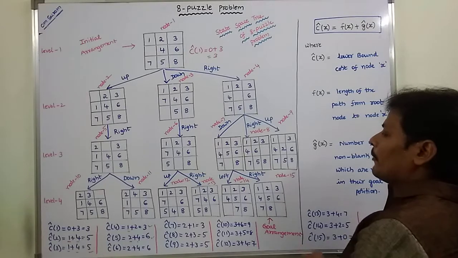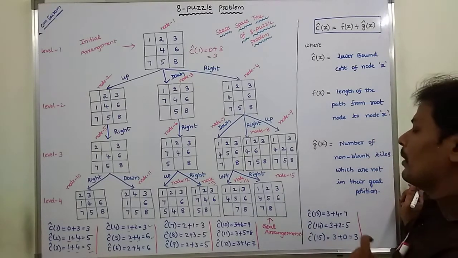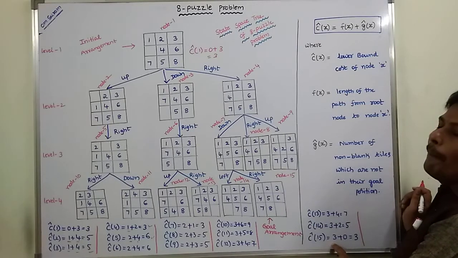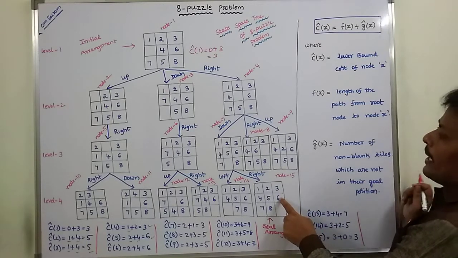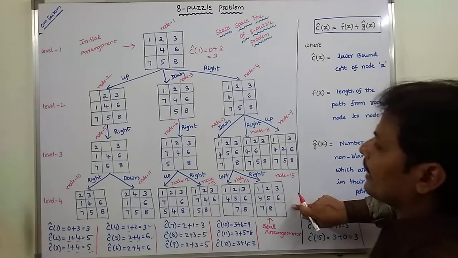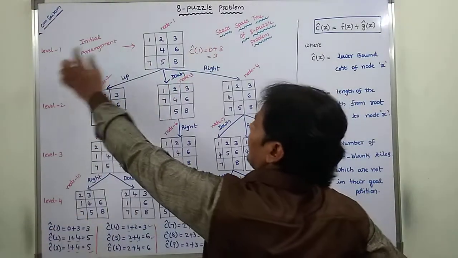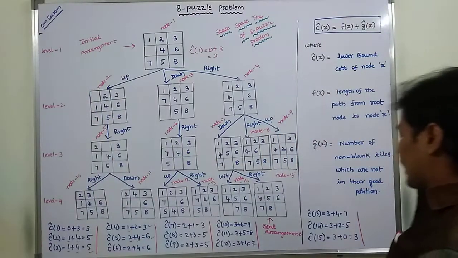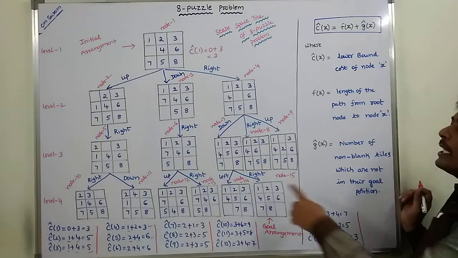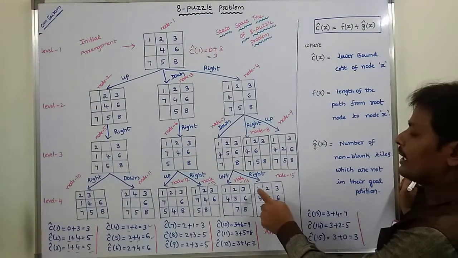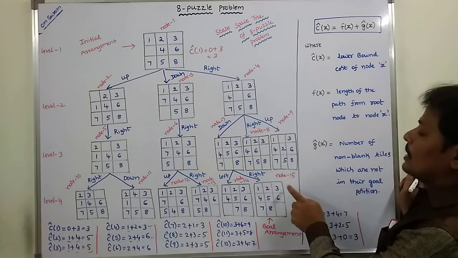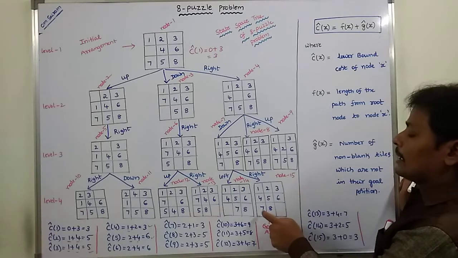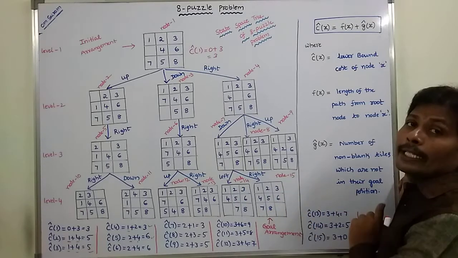Okay. Now we go for node 15. So node 15 cost. The length of the path from root node to this node x: this is at level 4 and the root node is at level 1. 4 minus 1, that is 3. 3 plus how many wrong positions? 1, it is correct position. 2 correct position. 3 correct position. 4 correct position. 5 correct position. 6 correct position. 7 correct position. 8 correct position.